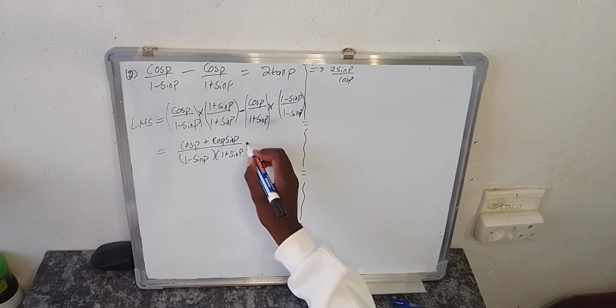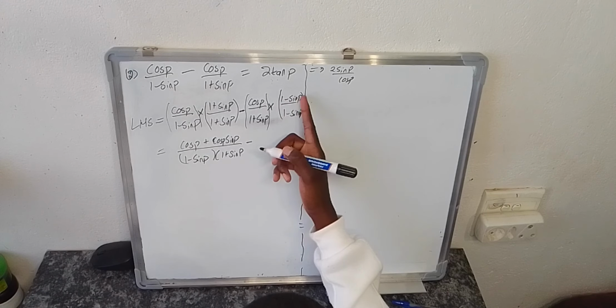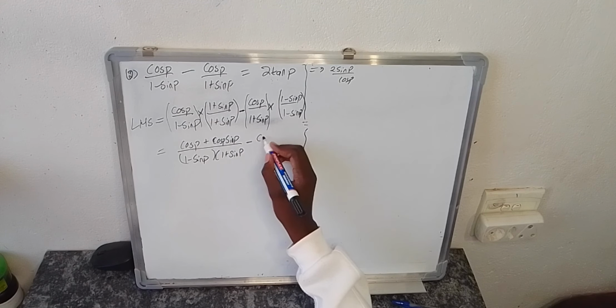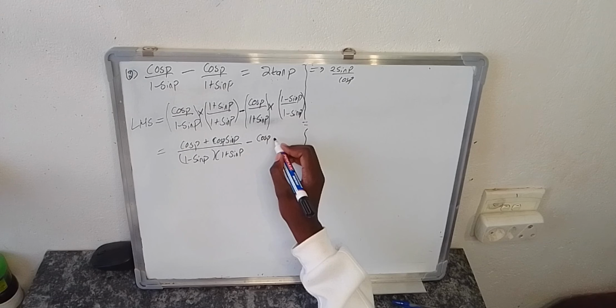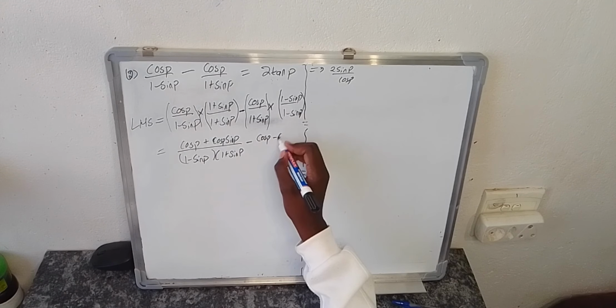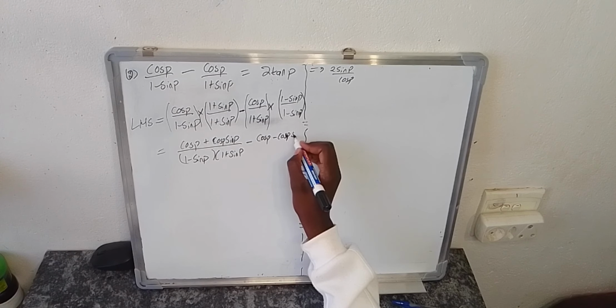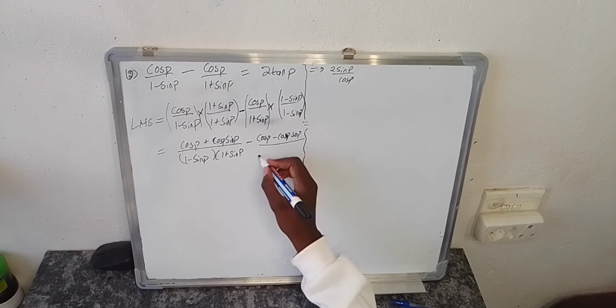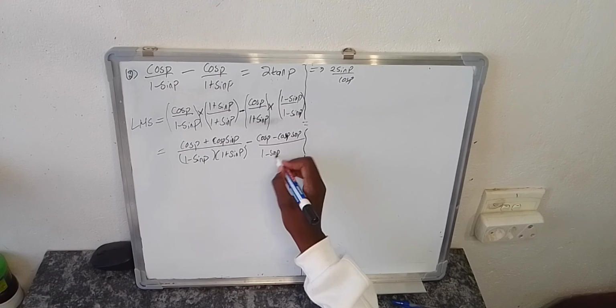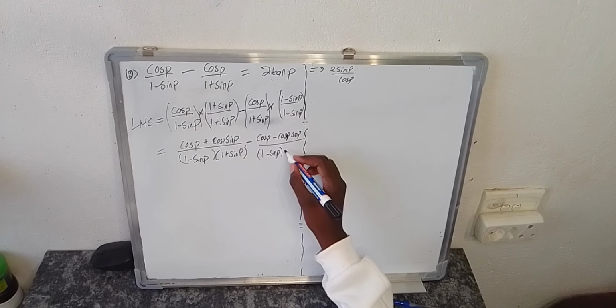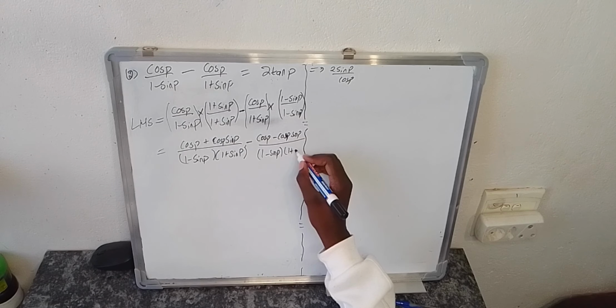This minus is this one. Then we are going to take this cos p and multiply each and every term that is in this bracket. So we are going to be left with cos p minus cos p multiplied by sine p, all divided by 1 minus sine p multiplied by 1 plus sine p.